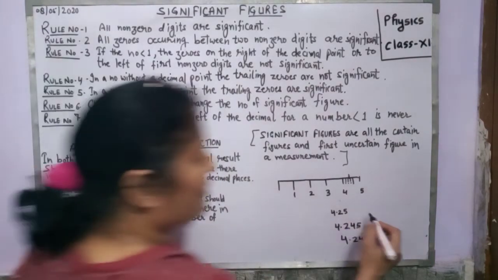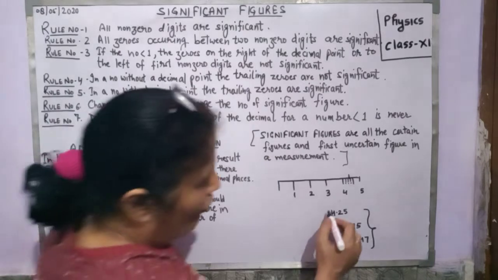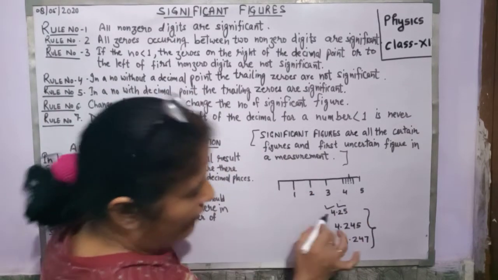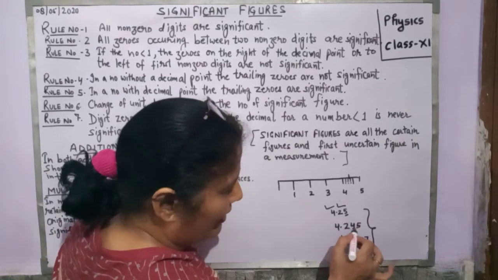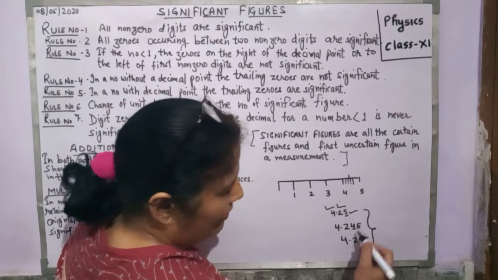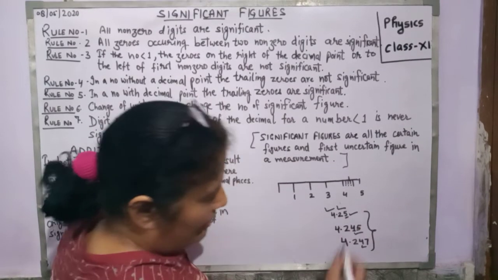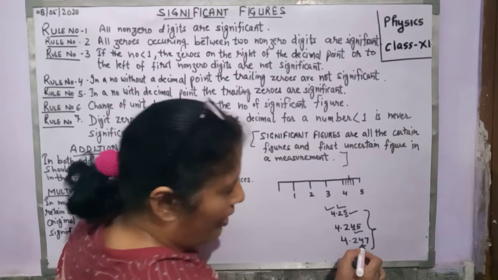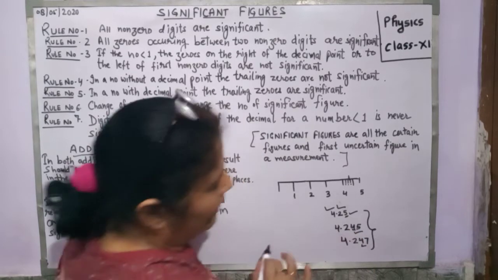Now in these three measurements, 4 and 2 are the certain figures. They are fixed. But the third place figure is uncertain. Here this figure is 5, this figure is 4, and this figure is 4. This figure varies from person to person depending on how he measures the reading.